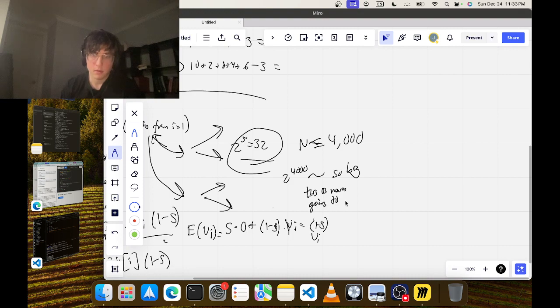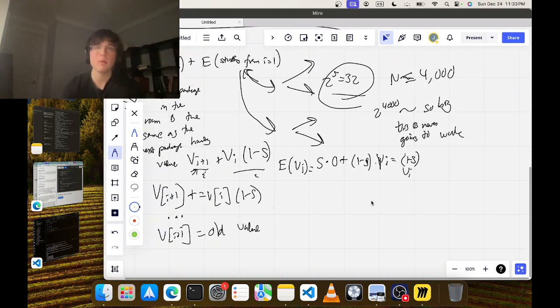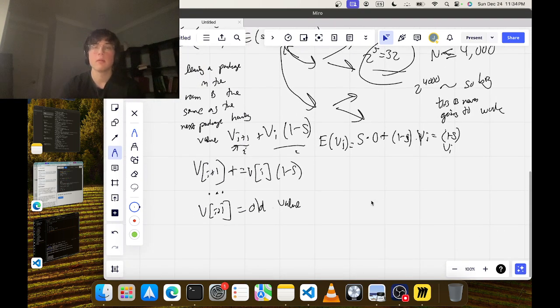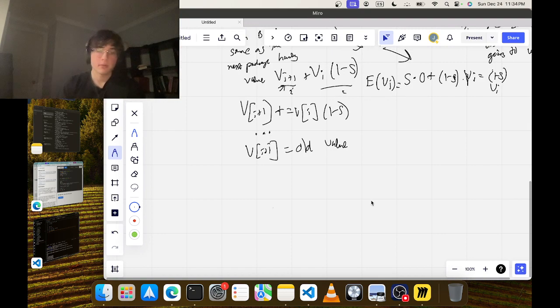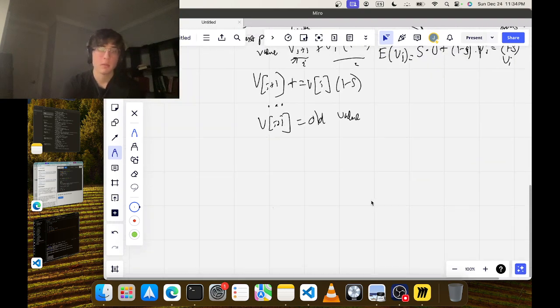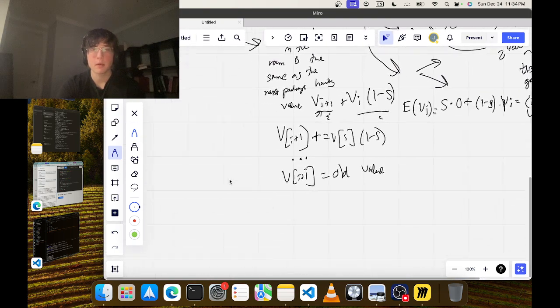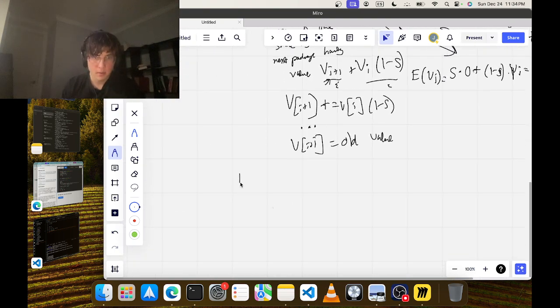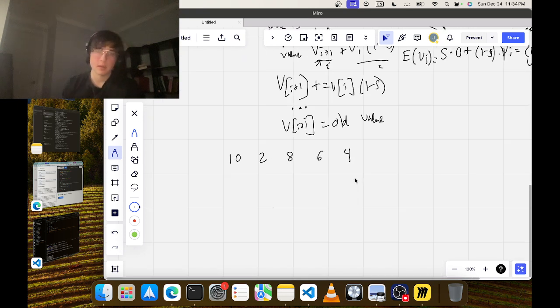So we need to find a way to break down the amount of work we need to do. And obviously this looks like dynamic programming. So let me try to motivate why we could break down the amount of work. So here are days: 10, 2, 8, 6, 4. Now imagine for a second that I knew that I was going to pick up the package on day 10, right?